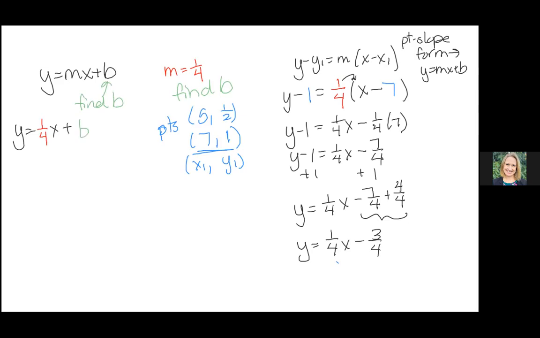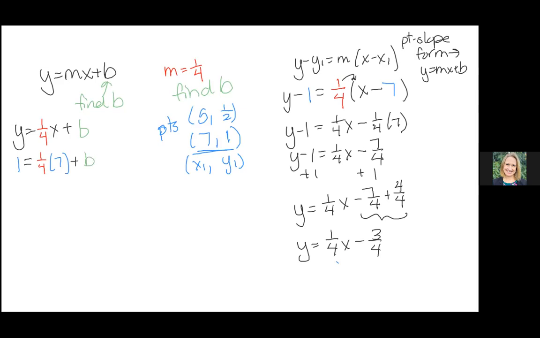We don't know what that is, but to find b, we can again use one of our points and plug them in for our x and our y. So I can take the 1 and the 7 and plug them in for my x and y. And now I can simplify to find b.